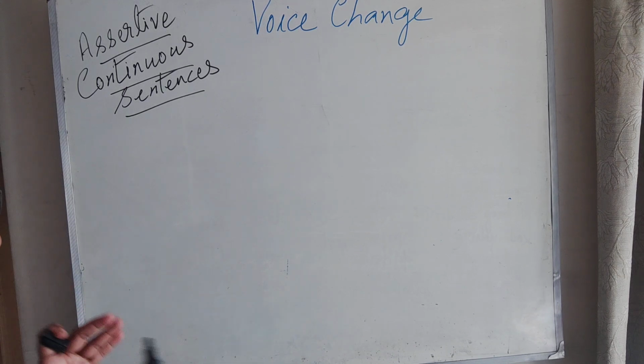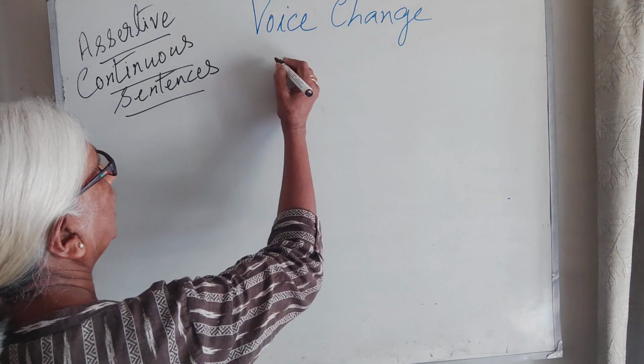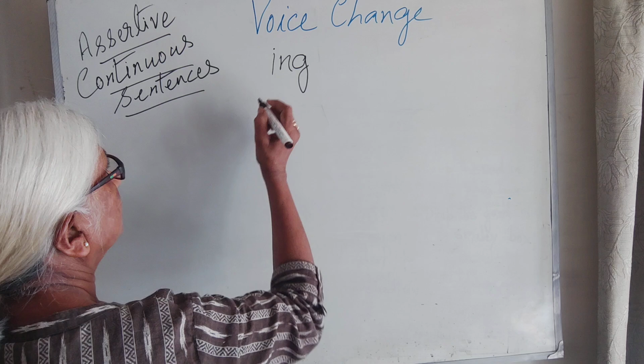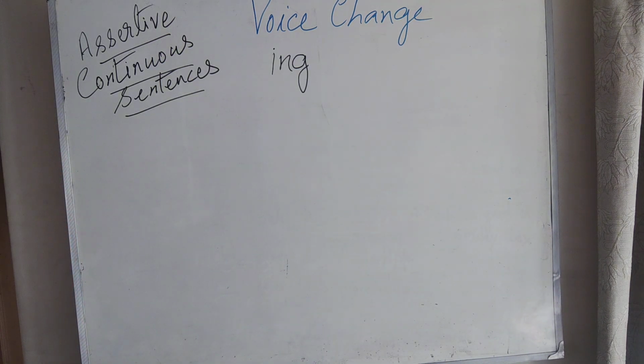Now what's the main symbol or sign for continuous sentence? You have an ing in the sentence. The continuous sentence indicates something is going on or was going on for a certain time. Suppose it is like John is playing, Reena is making a cake, or Ajay is doing his sums, that means he is doing something now, just at the present.